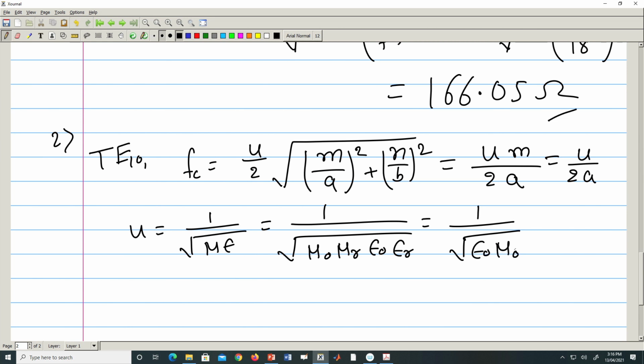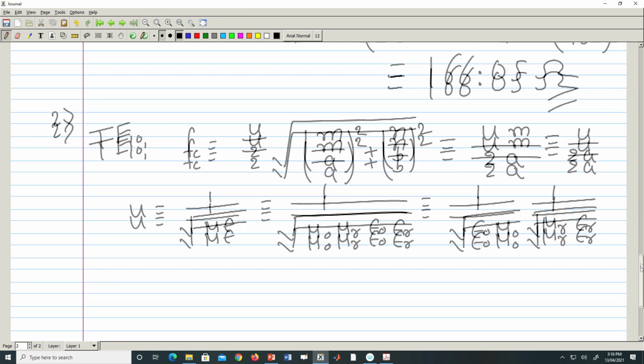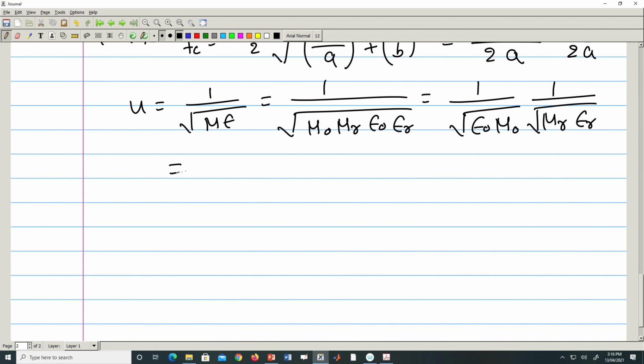From this we will get 3 into 10 to the power 8 into 1 by square root of 4. So, it will be 3 by 2 into 10 to the power 8, equal to 1.5 into 10 to the power 8 meter per second. So, this is u for this case.